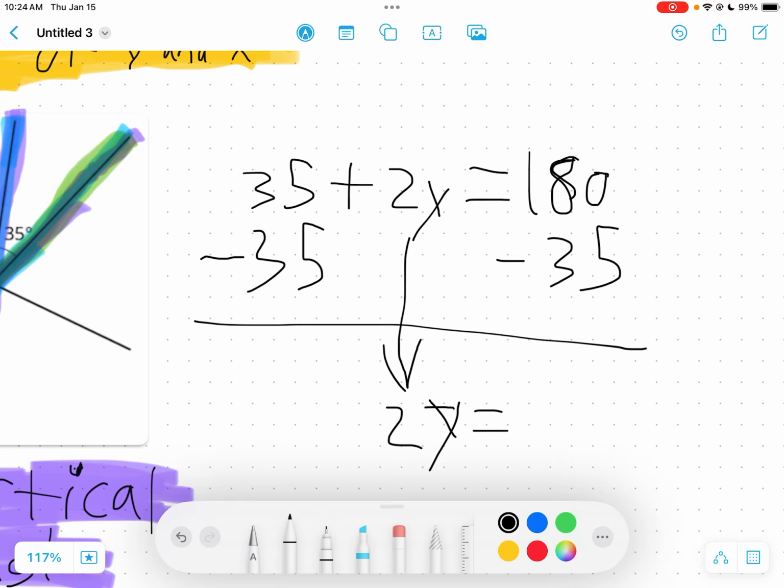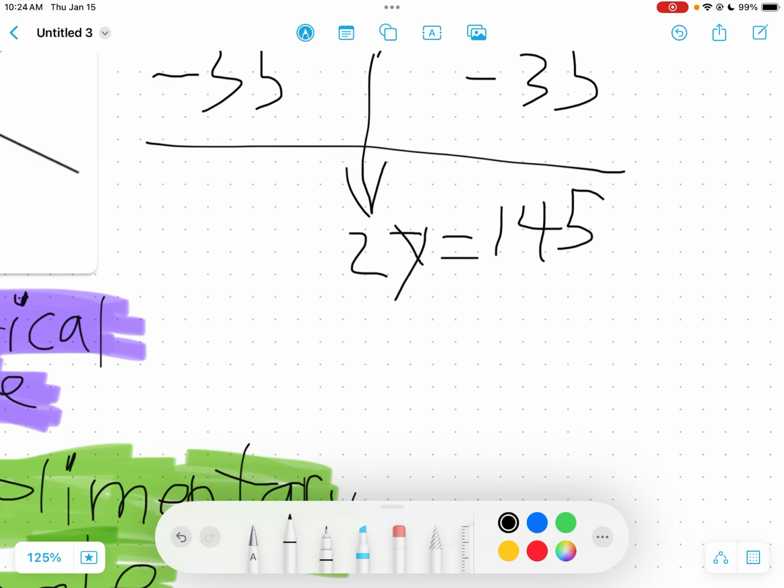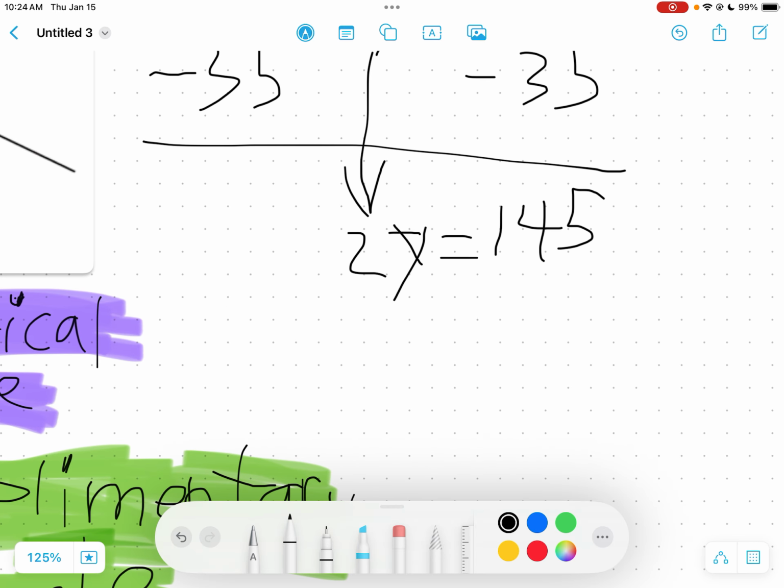And this would be 145, as 180 minus 35 is 145. Now we divide this by 2.